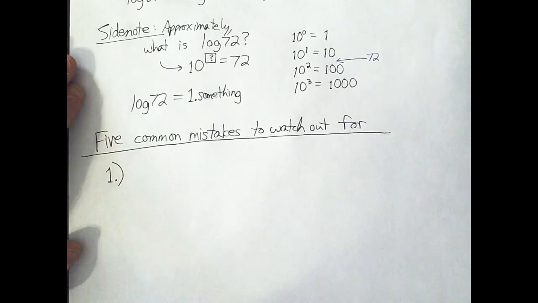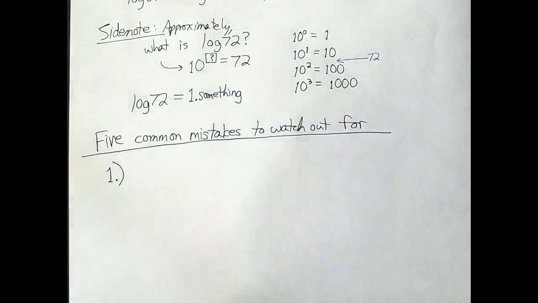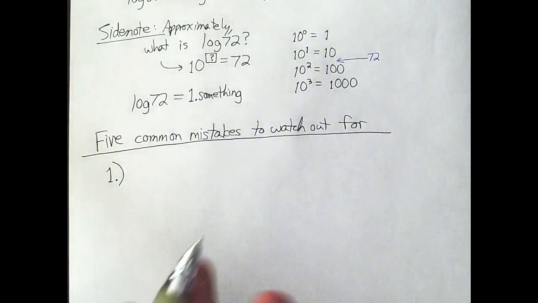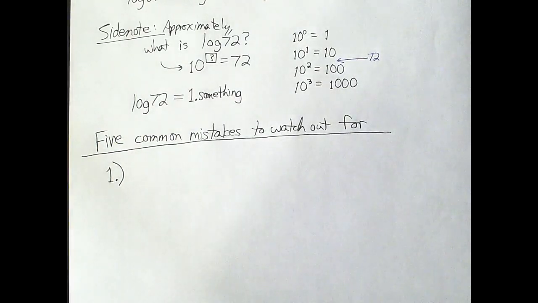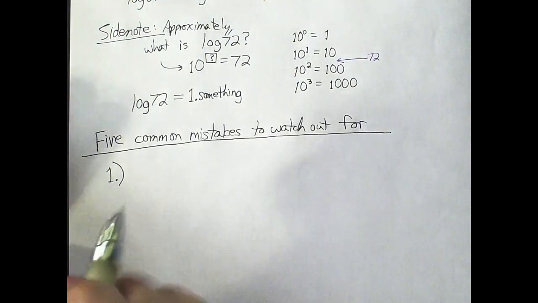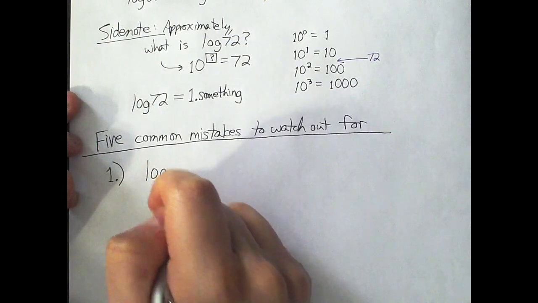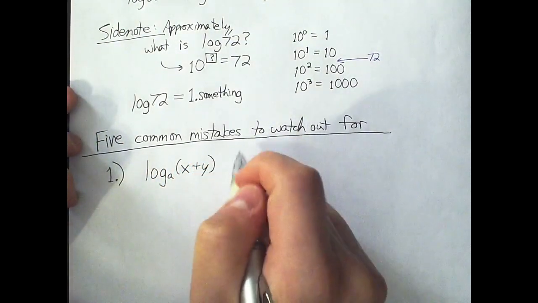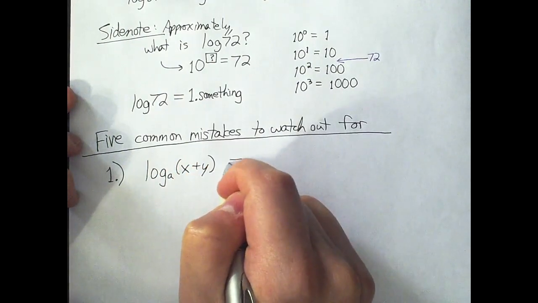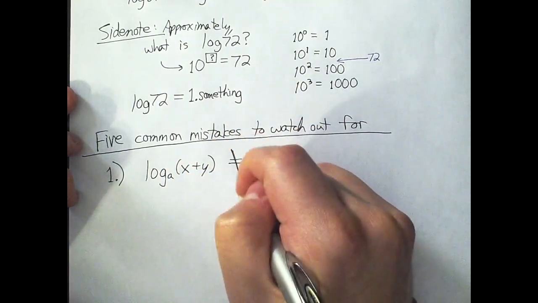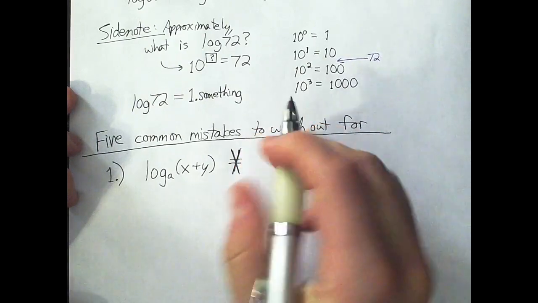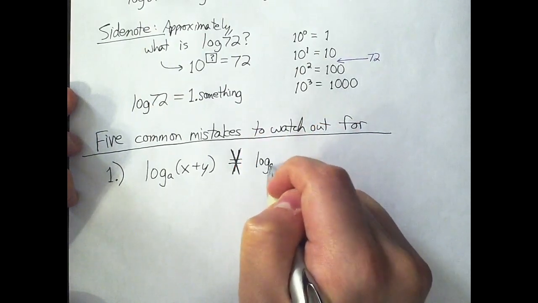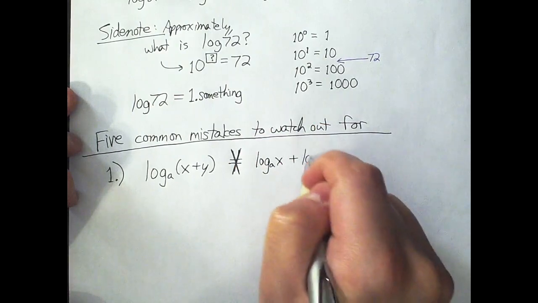All right, number 1. I usually don't like writing things that are wrong. So if I'm going to show you mistakes, I might have to write some things that are wrong, but I'll try to make it clear what is right and what is wrong. Log base a of x plus y does not equal log base a of x plus log base a of y.